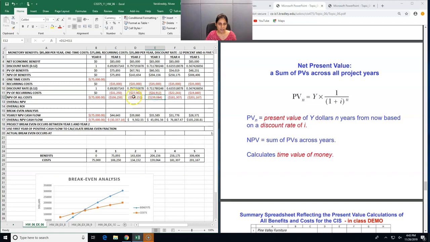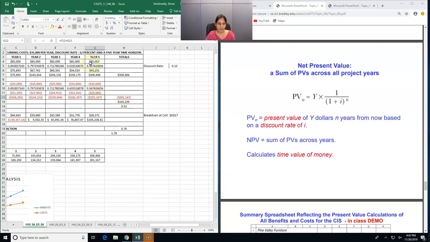Similarly, it's the sum of all the PVs until year 2 plus your PV for year 3, that is D12 plus D11. Then E12, the sum of all PVs until year 3, plus PV for year 4, and the sum of PVs until year 4, which is F12, plus PV for year 5. So this is how we have calculated the NPV of all costs. And finally we have the total as the NPV of the 5th year, that is the sum of PVs of all the 5 years. I've just entered it as G12 as this is the same value.